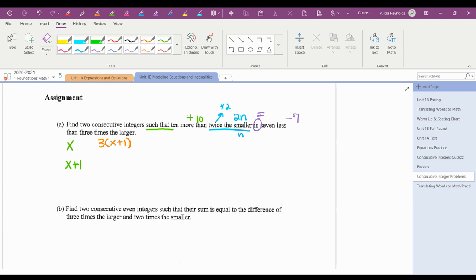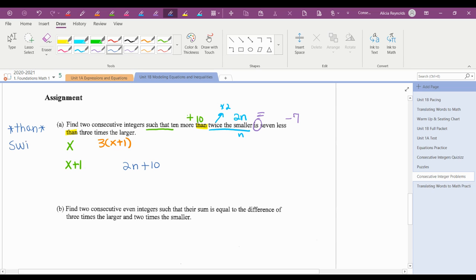So understand that this word than, that's in here twice, is telling us that I need to switch the order that the expression is given. So it's given to me 10 more than twice the smaller. I need to write it as 2x plus 10. So than is a switch word.